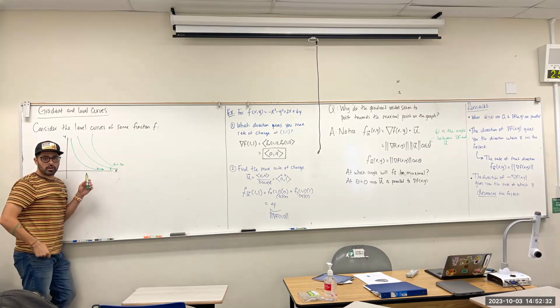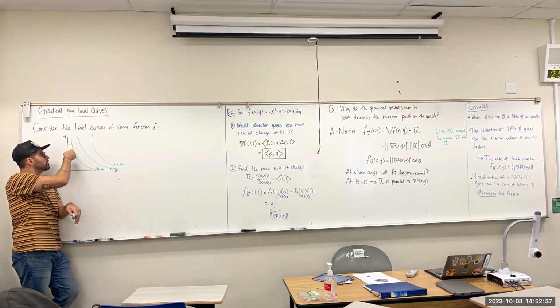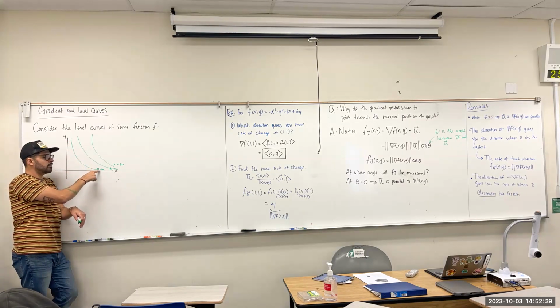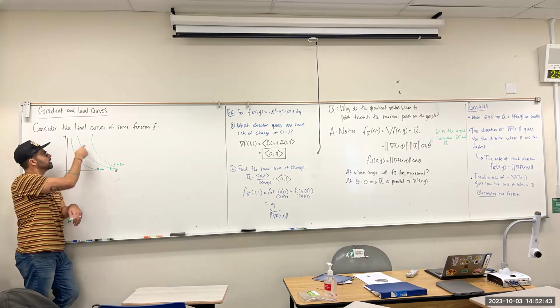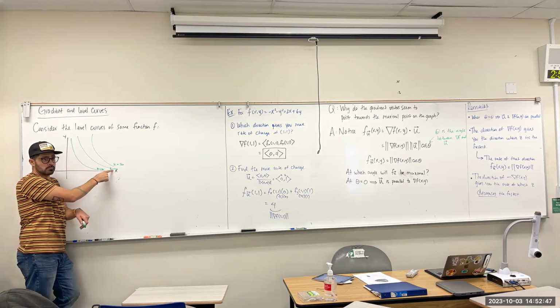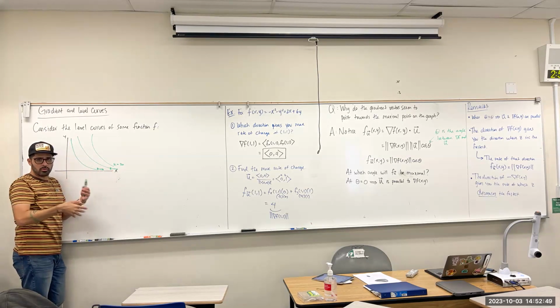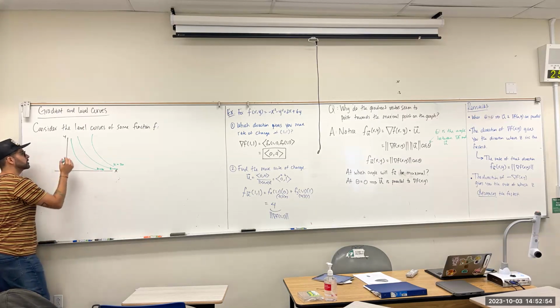So remember, we're calling this a contour map, kind of like when you're hiking. If I hike along this part of the trail, I stay at 10 feet, let's say, 10 meters or whatever. If I hike around here, now I'm going to stay at 20 meters, and so on. You guys remember that? We did that in the beginning of the chapter. Okay, so now we're going to take it up a notch.